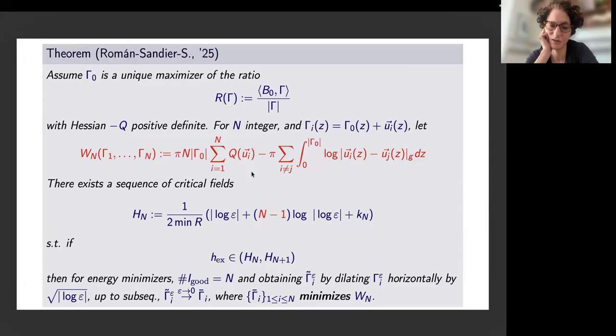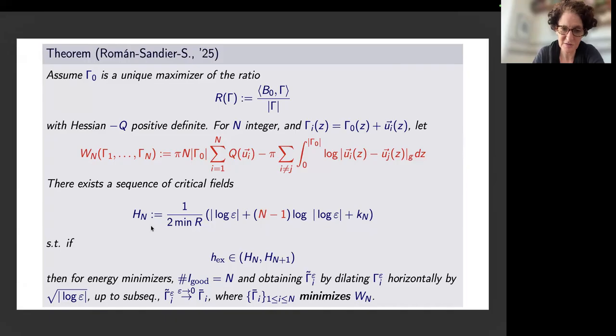So then what we proved is that just like in 2D, so it's the counterpart result in 3D. So if you reach this field H1, so when n equals 1, this is 0. So if you reach 1 over 2 min r, it should be max r, sorry, log epsilon plus here some constant, you will have one vortex line.